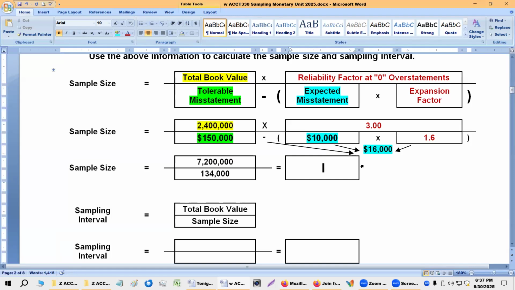And we're gonna round it to the nearest one, so I got 53.73, so I'm gonna round that. Obviously, we can't take 0.73 of an item, so we're gonna round that to the nearest, 54.